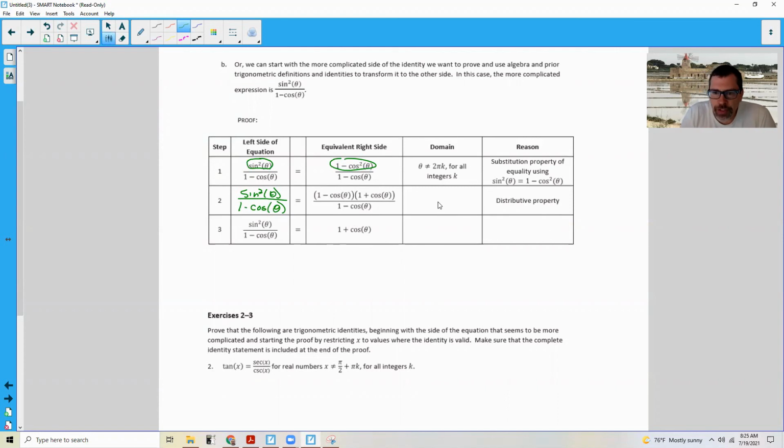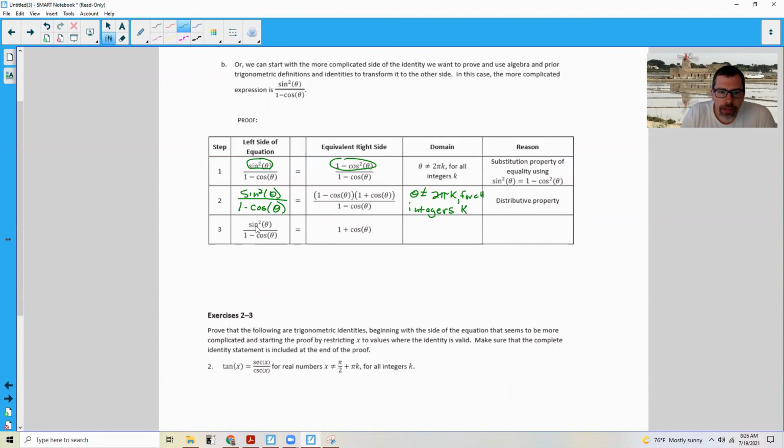The only thing we need to fill in here is the domain. The denominator is still 1 minus cos theta on both sides. So it's still going to just be theta does not equal 2 pi k for all integers k. So that's still the same.